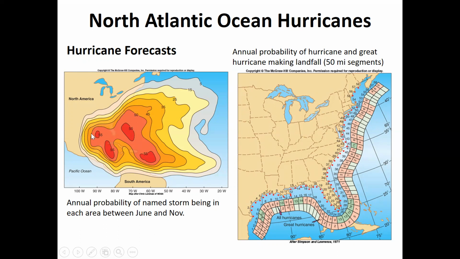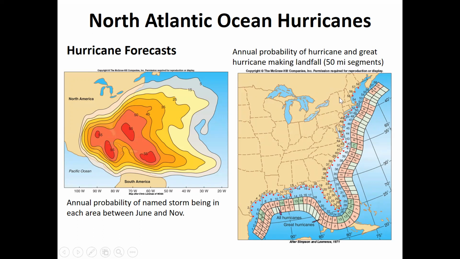I think this area is 50, so every year there's a 50% chance of a named storm in this area, and that includes most of southern Florida. A named storm is anything that's a tropical storm or higher. Not just hurricanes get names, but tropical storms get names too.